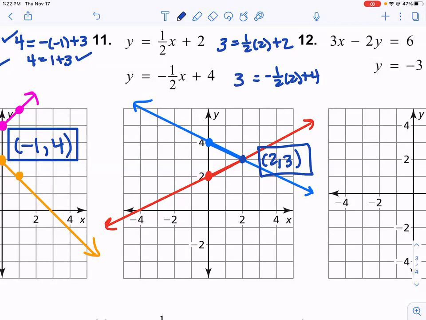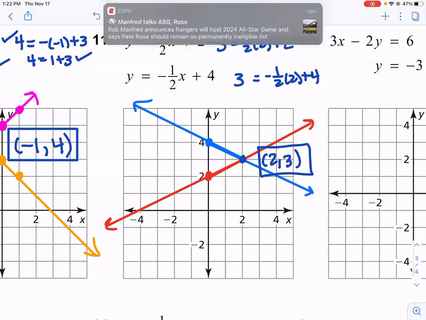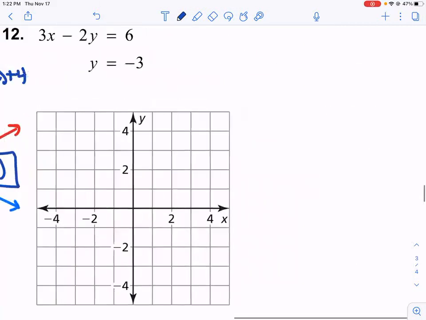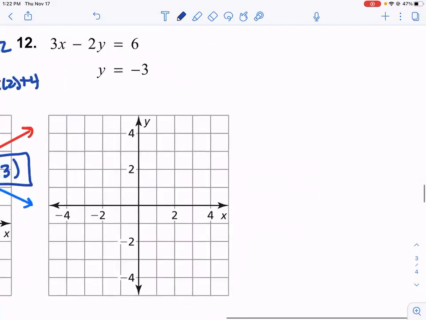Okay. All right. So I want to make sure that you do not forget how to graph lines that are not in slope intercept form. Let's talk about this one right here. What form is this in? Do you remember that?